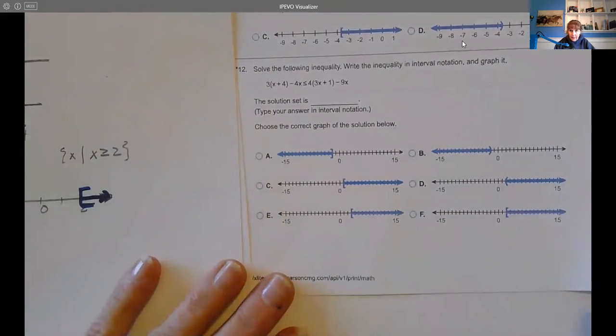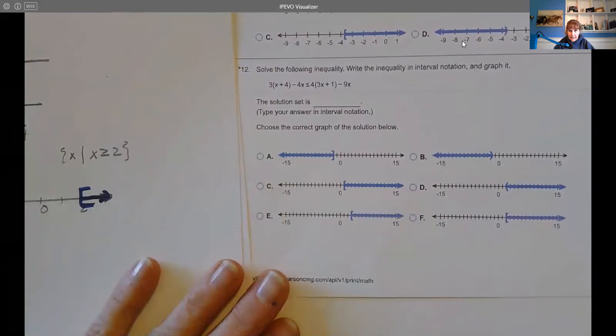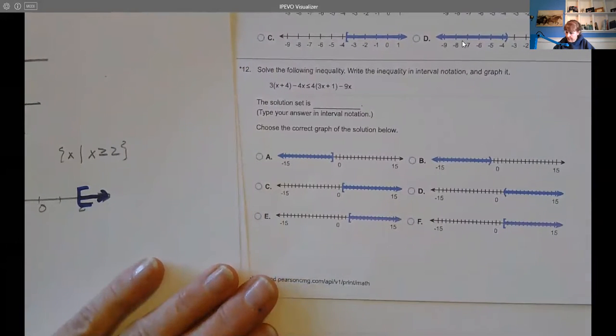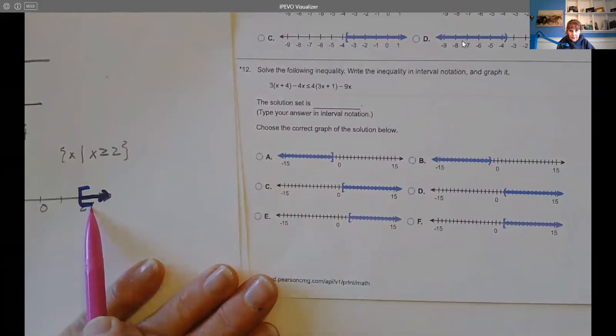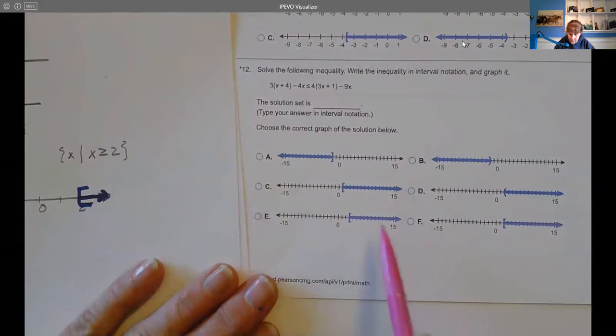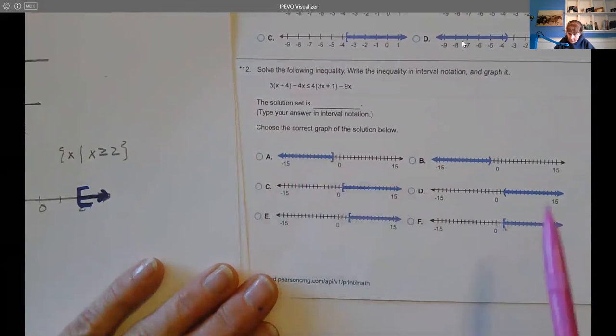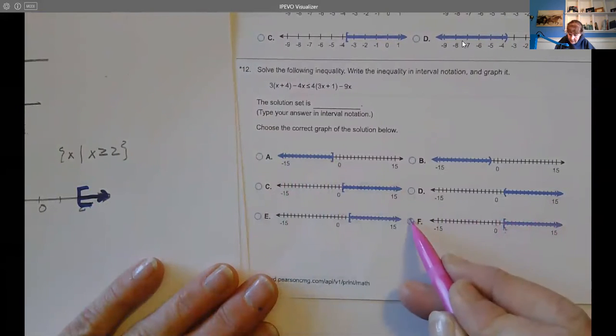The bracket eliminates B and D. Can't have B and D; those are parentheses, not brackets. We want to go to the 2 and go to the right of 2. This one's going 1, 2, 3. This one's on the 3. This one's on the 1. This one's going to the left, which means F is our only choice. That's a 2 right there, and it's going to the right.